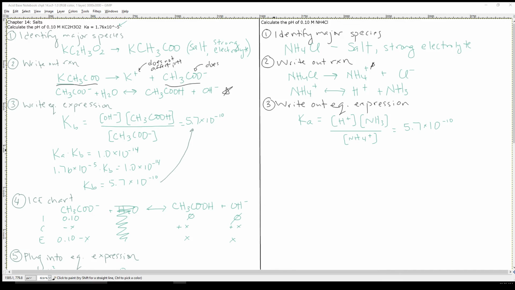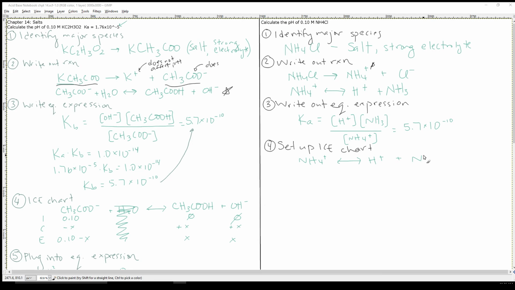So now that I have that, the goal is to find pH. I could find the concentration of my hydrogen ions through an ice chart. So let's do that. I'll have NH4 plus. By the way, if you chose to include water in your equation, you would still get the same answer.